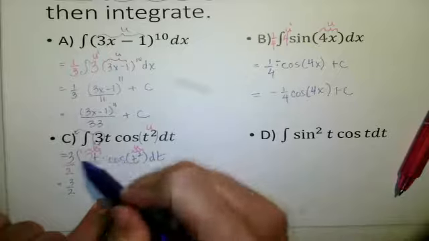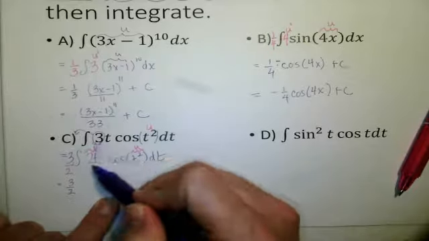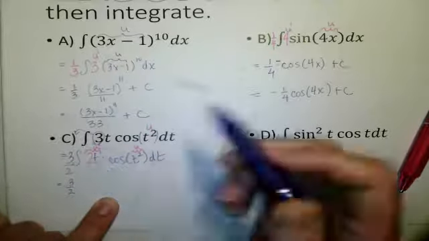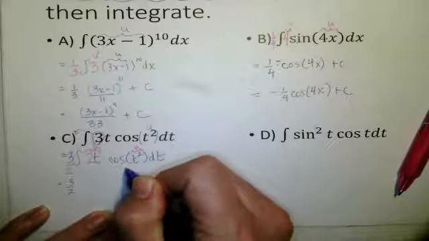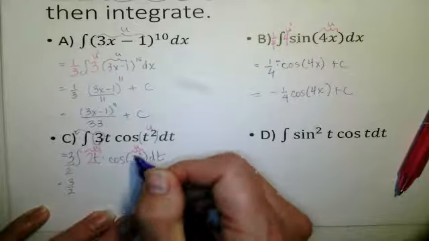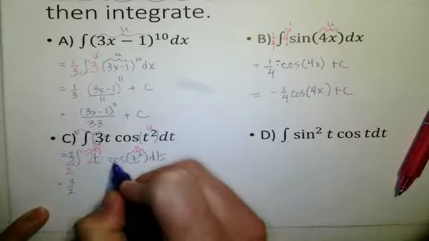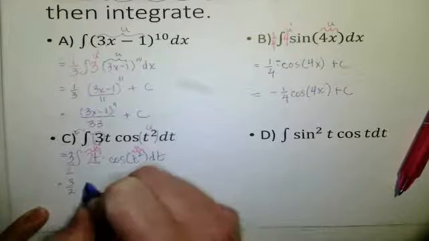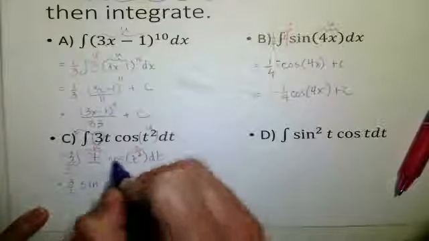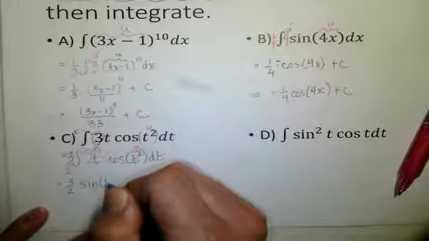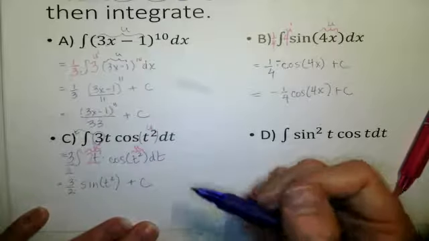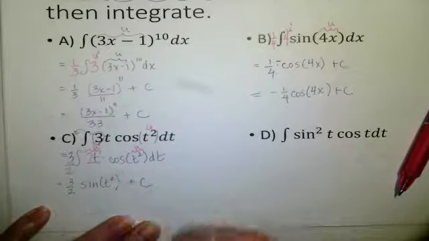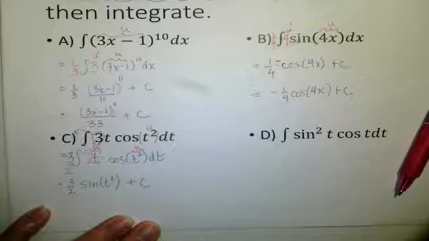Now that derivative, the baby, is just going to disappear. Disappearing baby. Now we can just worry about integrating this outer function. So the integral of cosine is sine, because the derivative of sine is cosine, of t squared, and then plus c. And again, you can always check to make sure that you're doing it right.